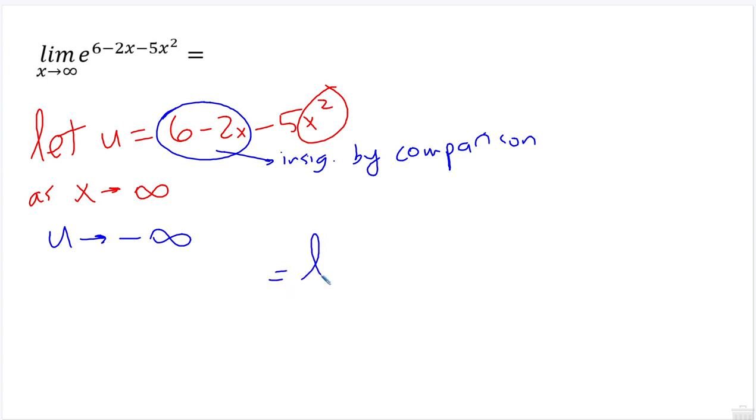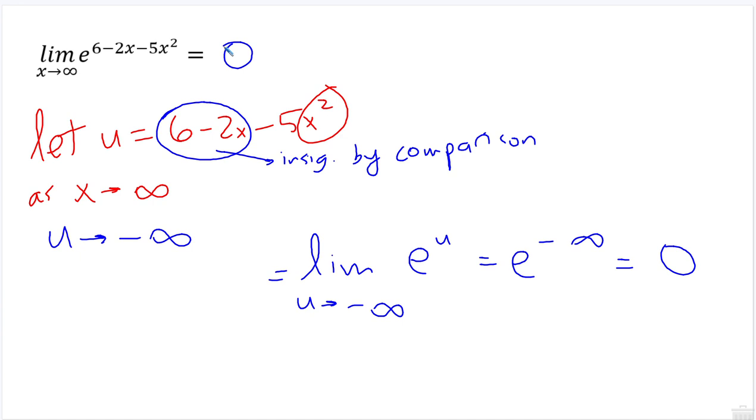So this ends up becoming a limit as u approaches negative infinity of e to the u, which is just e to the negative infinity, which is equal to 0. So our limit as x approaches infinity of e to the 6 minus 2x minus 5x squared should be approaching 0.